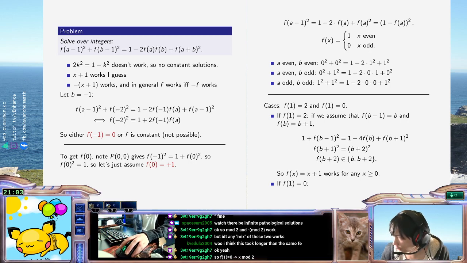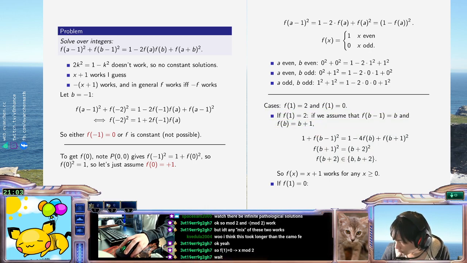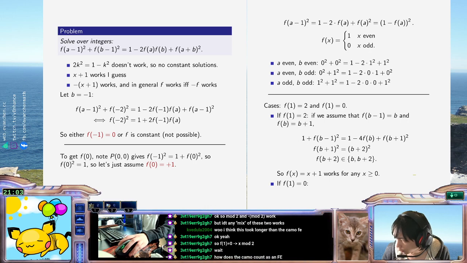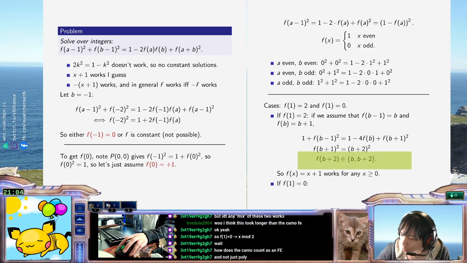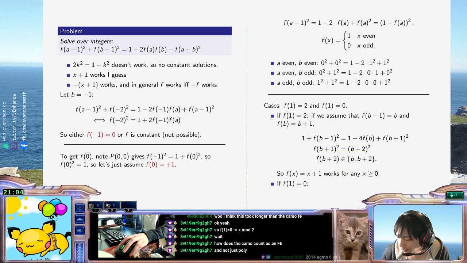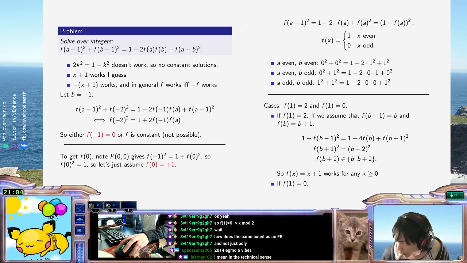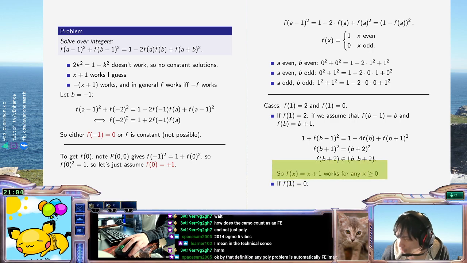So if f(1) equals 2, then you can push it upwards, and f(x) will coincide with x plus 1 for all the positive values. That should be good enough, right?